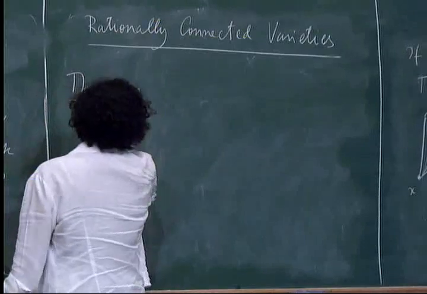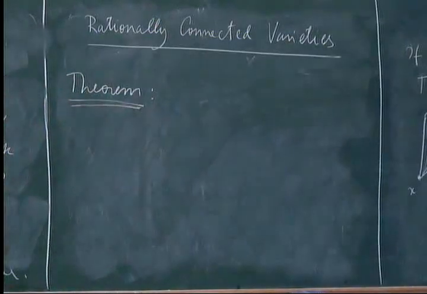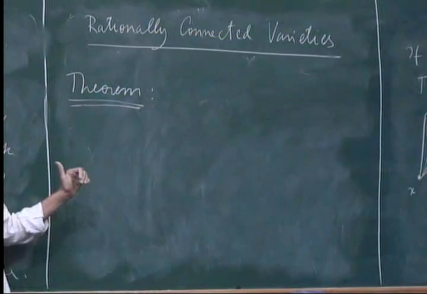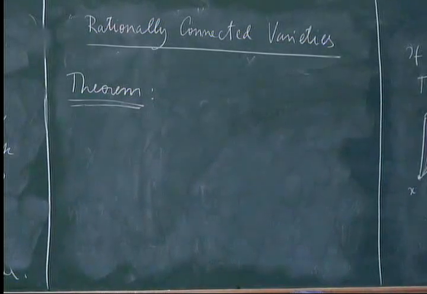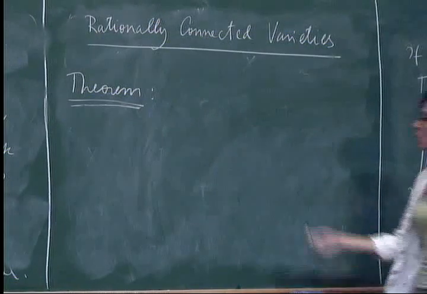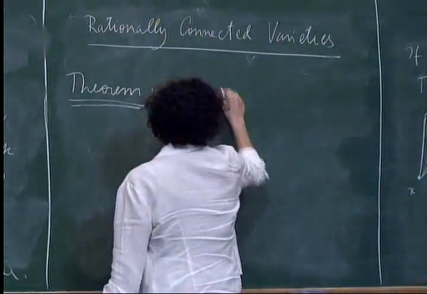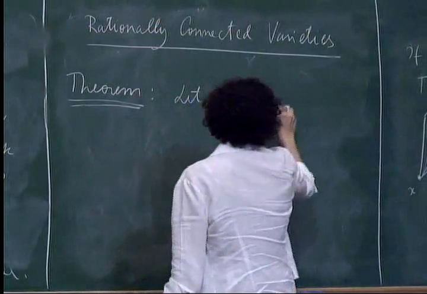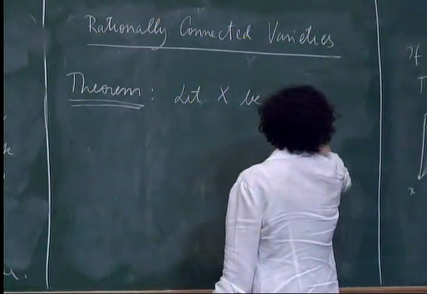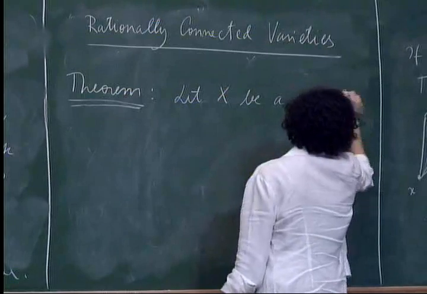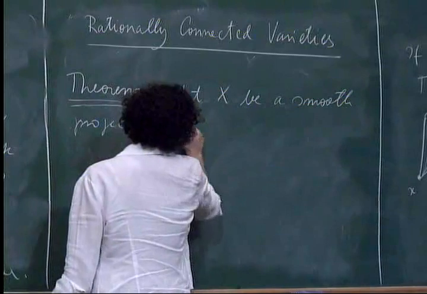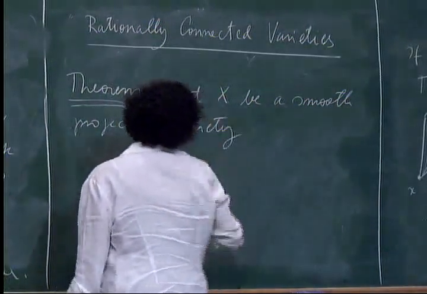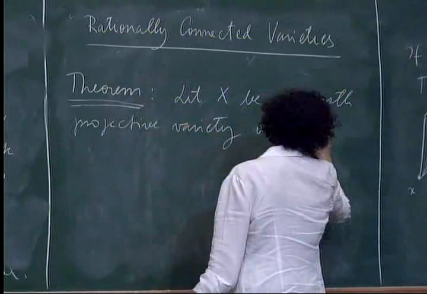And for simplicity now, I will always be working over the complex numbers. I need characteristic 0 for generic smoothness. And in fact, I need another aspect of C, which is the fact that it's uncountable, for the reasons that I explained before. So let me assume that X is a smooth projective variety defined over the complex numbers.